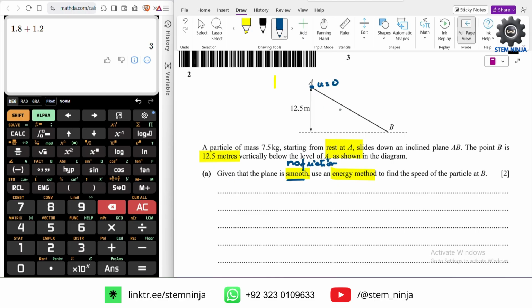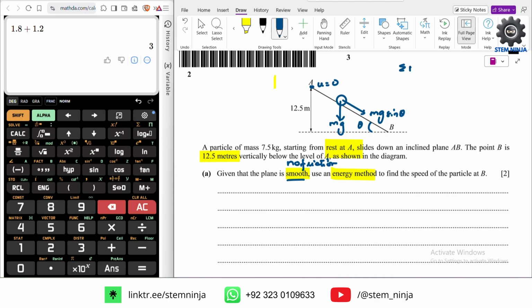Now, we know how the energy method would go, but if you have forgotten that, you can just quickly make the equations for that. This is the weight, mg. If this is theta, this will be the mg sin theta component along the plane.